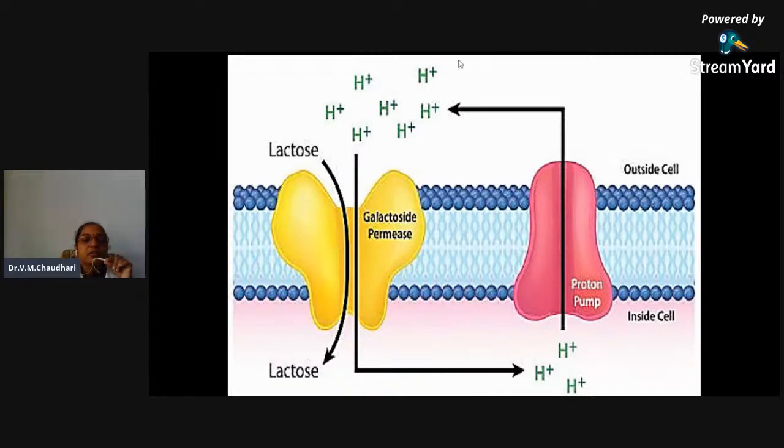So this H+ ion again comes outside. So only there is a net accumulation of lactose inside the cell with the help of this lactose permease system.